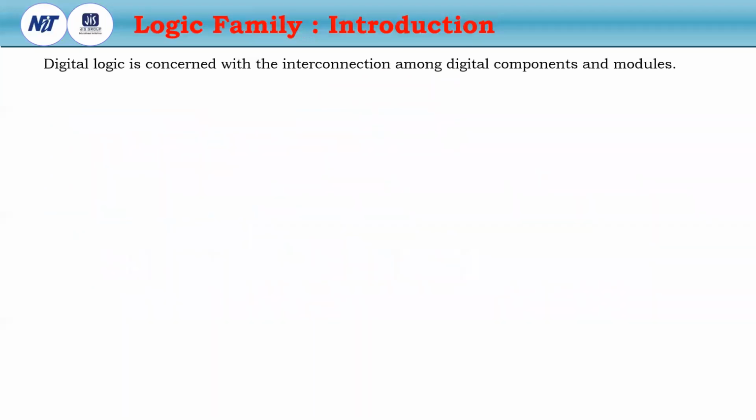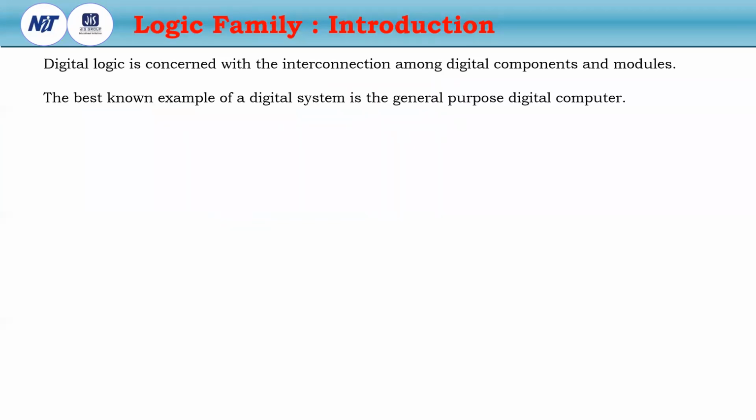The digital logic is concerned with the interconnection, which I already told, among the digital components, just like logic gates and some modules. The best known example of a digital system is the general purpose digital computer.